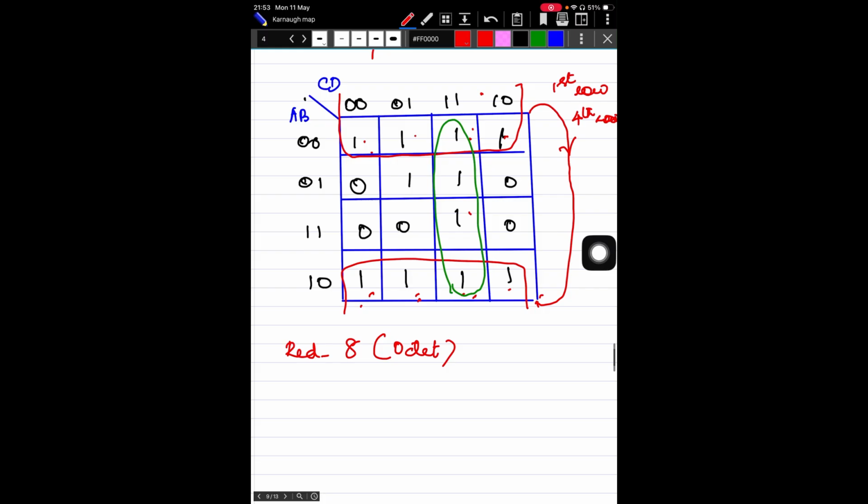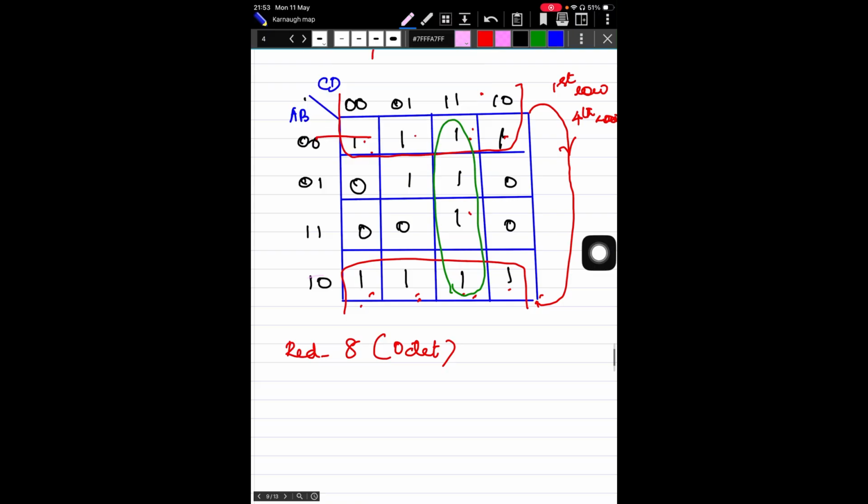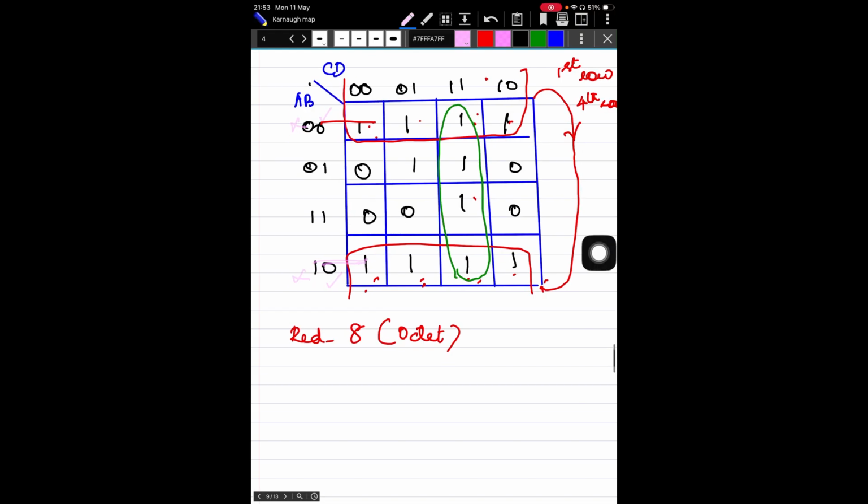Right, now for the naming part. I'll take this one, this and this row and this row. What is common? A is 0, A is 1. A is not common, but B is common. B is 0 and B is 0. So I can take B. So one element for this red group is B dash.